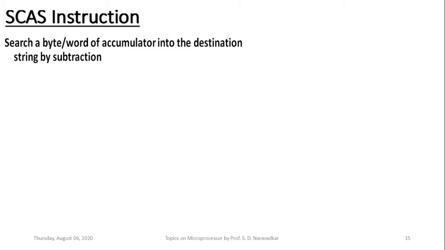It clearly means that the byte or word to be searched is to be taken into the accumulator, either the AL or AX register. And then this particular byte or word will be compared with the destination string byte or word in a successive manner, until we get the particular byte or word perfectly matched within that string.